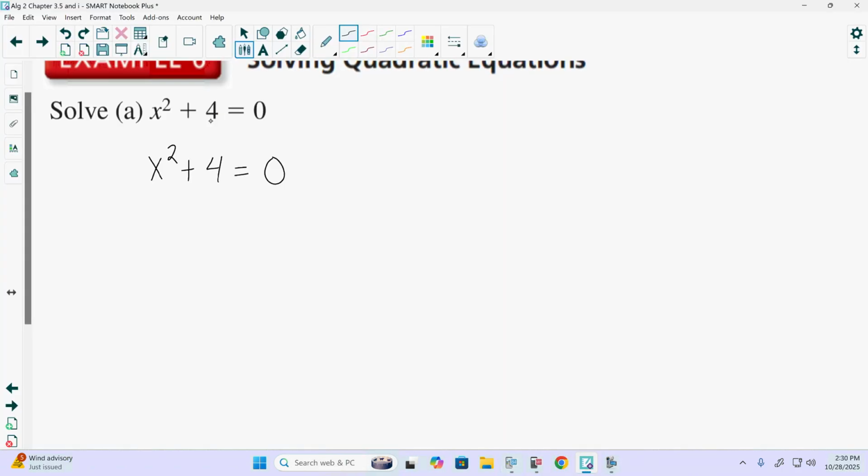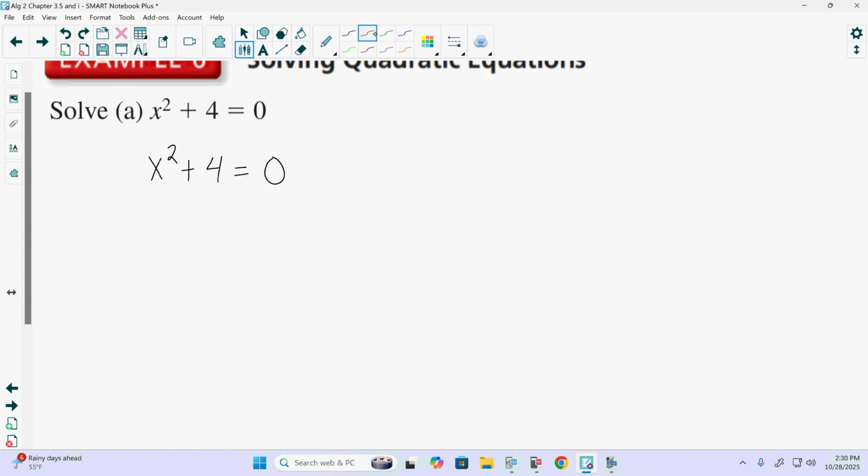Factoring also doesn't work. But the only variable we have in this equation is x squared, which means we can use the square root method. The only time we can use the square root method is if the only variable we have in the equation is x squared, or the variable being squared, or the only place it's located is inside a set of parentheses being squared.